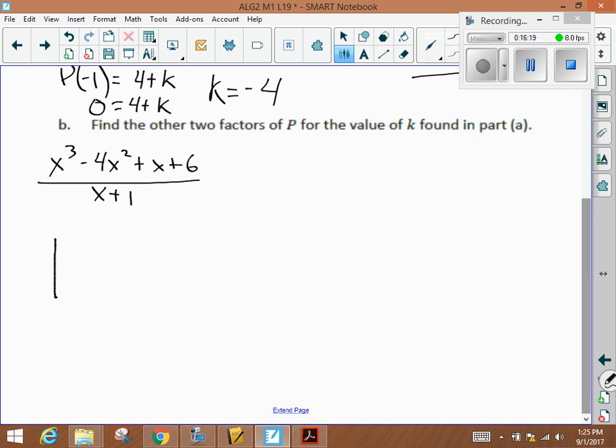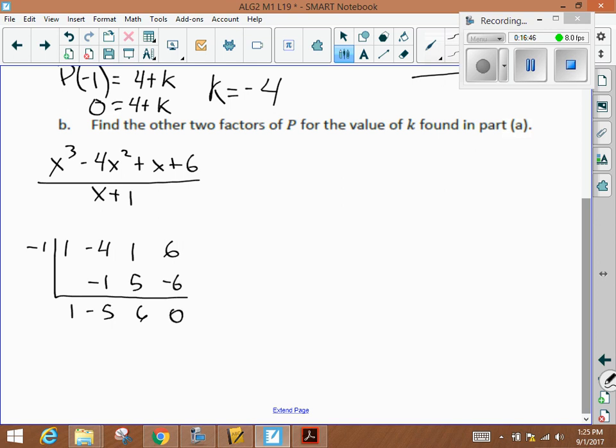Again, synthetic division is faster for me. -1 times -1 is -1. -4 plus -1 is -5. -1 times -5 is +5. This is a 6. -1 times -6 is -6.